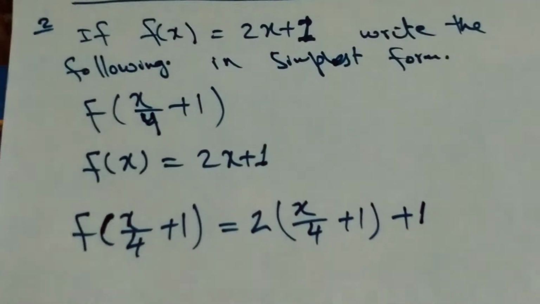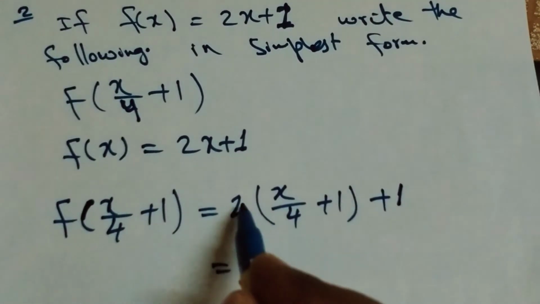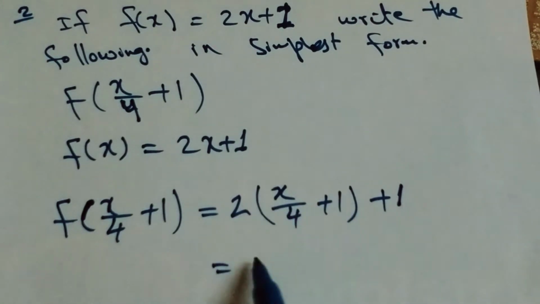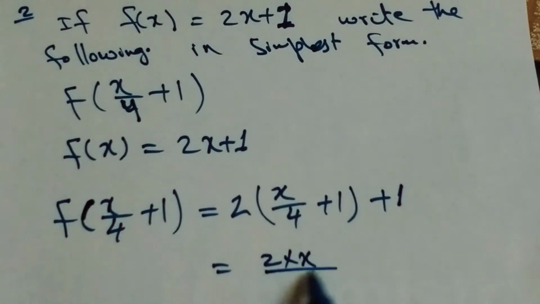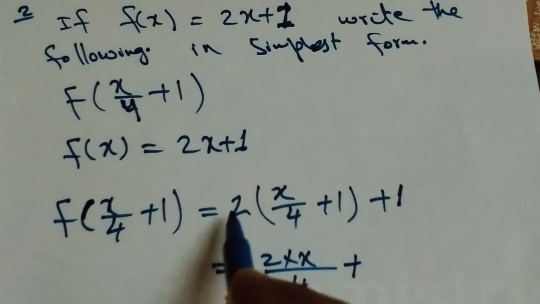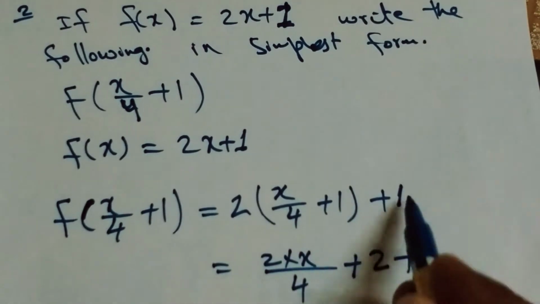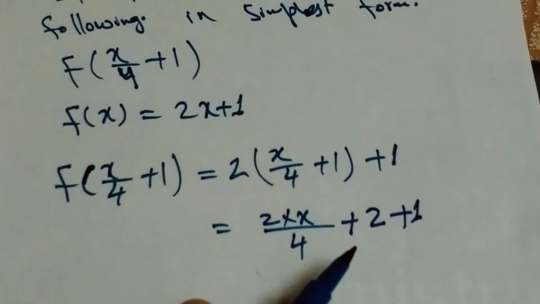Understand, my dear? Now 2 is multiplying with this, so 2 multiply x over 4 plus 2 multiply 1, and this plus will come down. Clear, my dear?